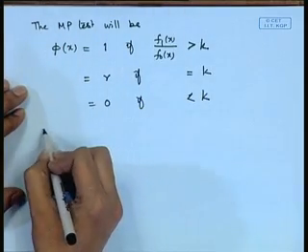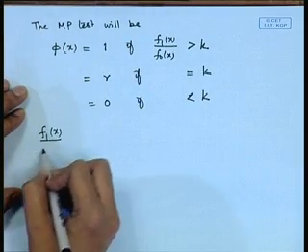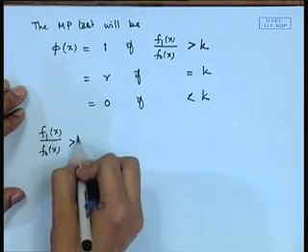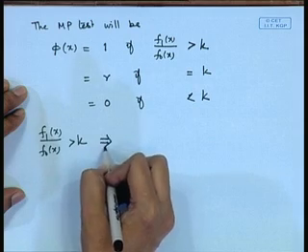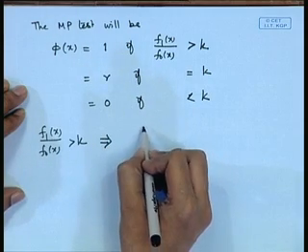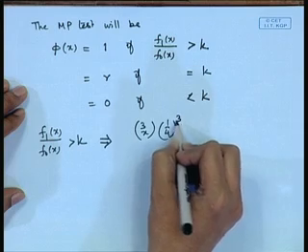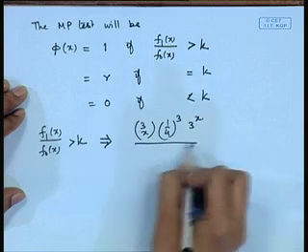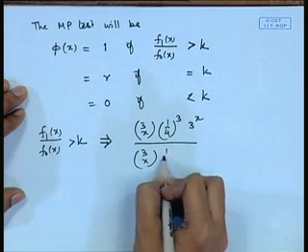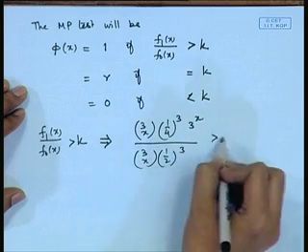So, let us write down the condition that f 1 x by f naught x is greater than k: 3 c x, 1 by 4 cube, 3 to the power x, divided by 3 c x, half cube, greater than k.